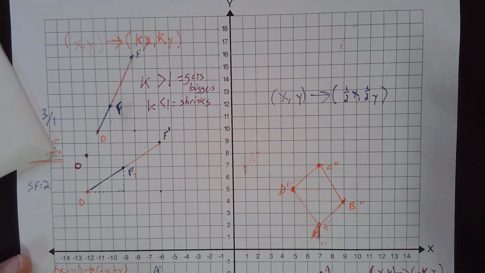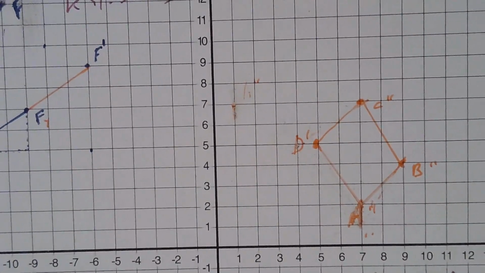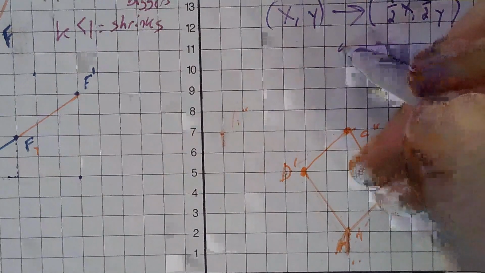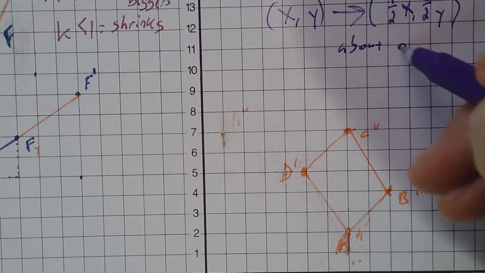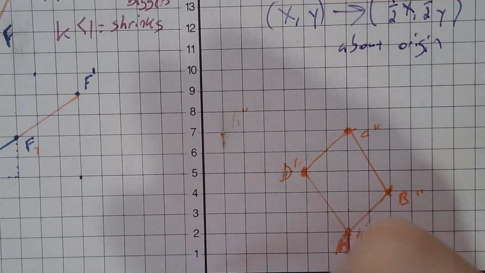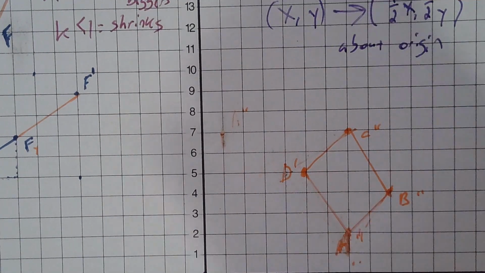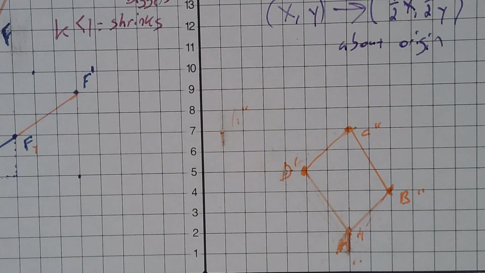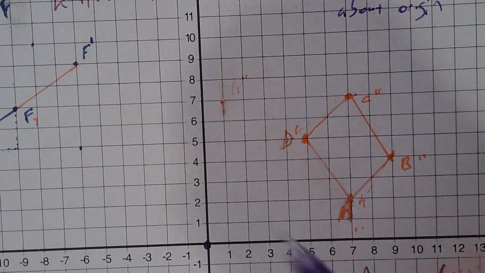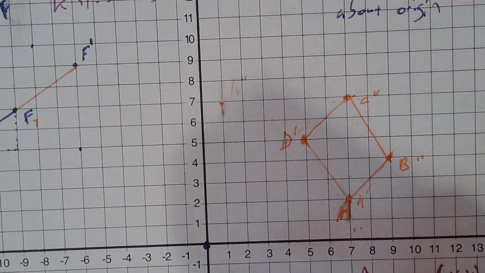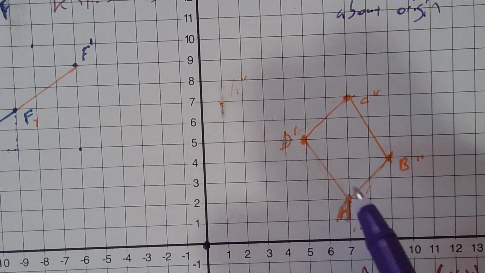Okay, so this is a dilation about the origin. So origin's here. That means for every one of these, we're going to take half of it. So half the distance between each one and the origin.